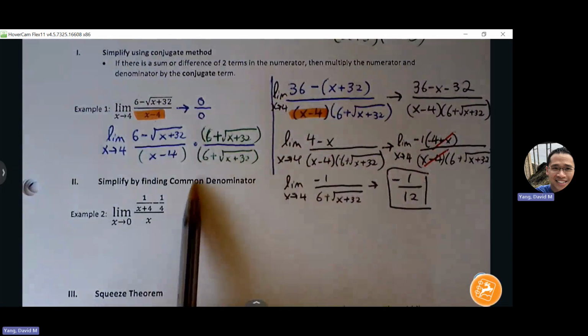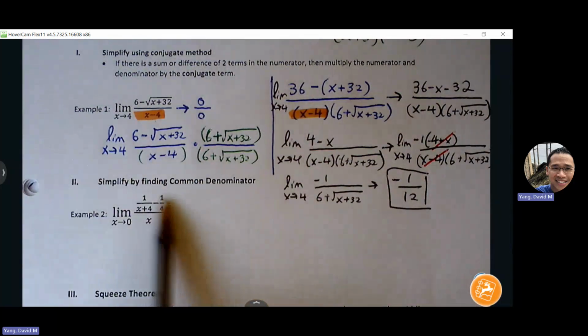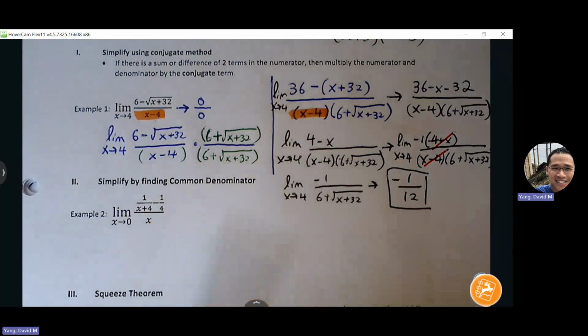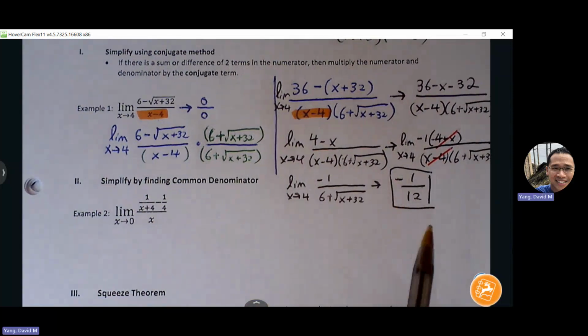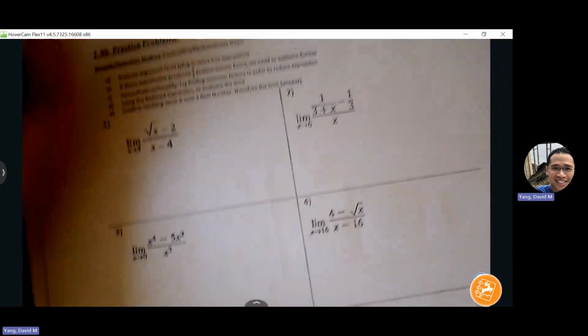Okay, let's do one practice of this, and then I want to show you the last type of reducing, which is involving common denominators. So let's turn to page 8. Let's try number 1.